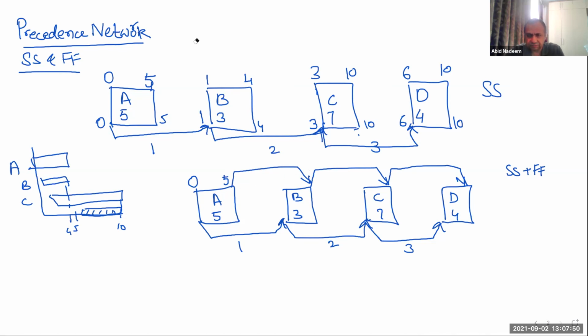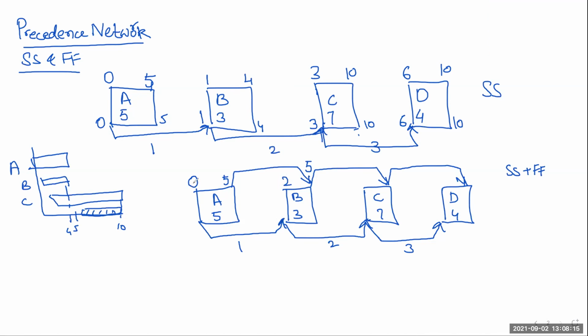But Professor, activity B should start 1 day later than the start. It can start 1 day later, or it can start 2 days later, but not before 1 day later. So if it is 5, then 5 minus 3, we take the value 2 over here. This 2 is not against the logic.